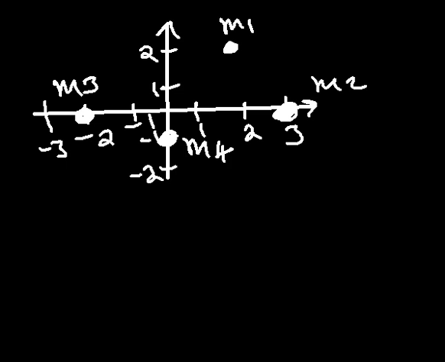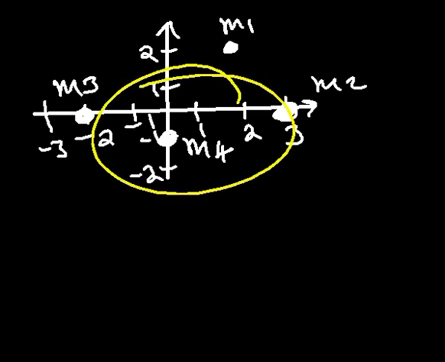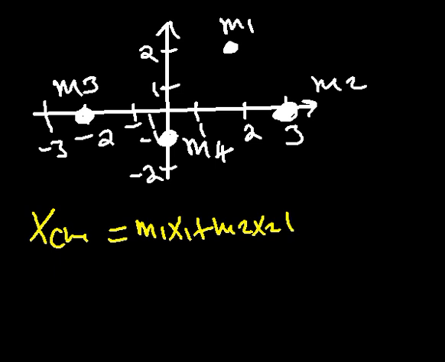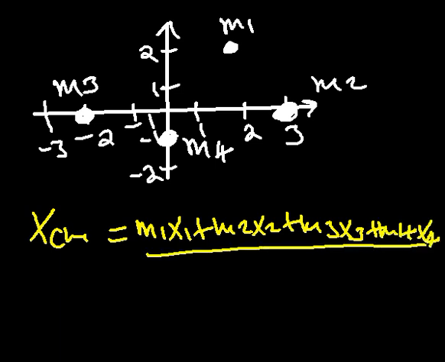Now what is the center of mass for this system of objects? So now, mind you, this is the 2-dimension case. The principle remains the same. We'll have the center of mass along x. That will be given as m1 x1 plus m2 x2 plus m3 x3 and plus m4 x4, divided by the total mass.